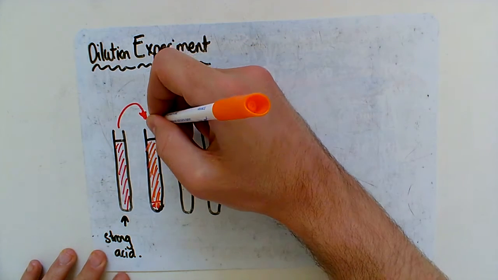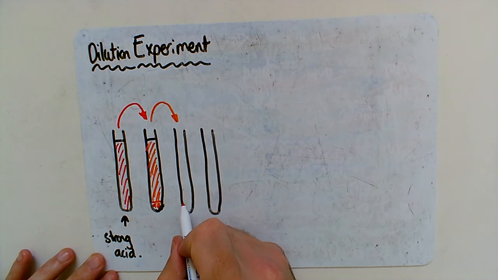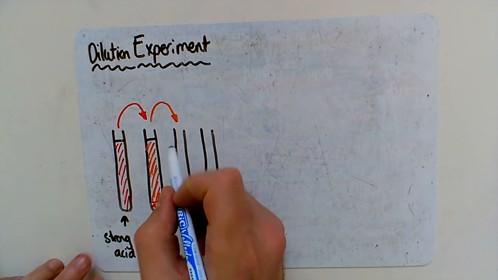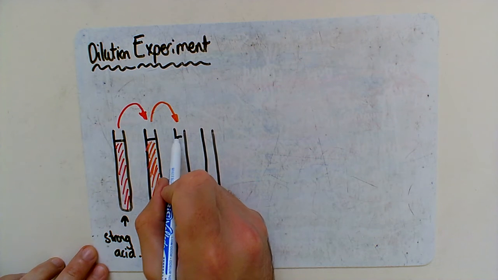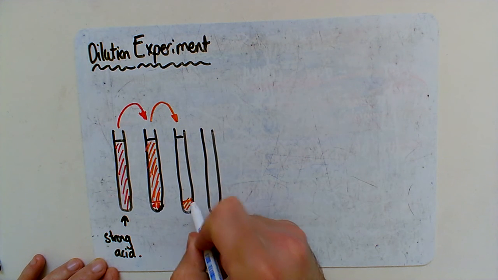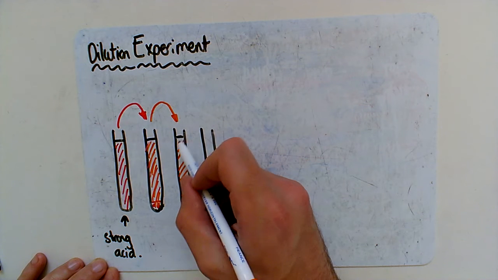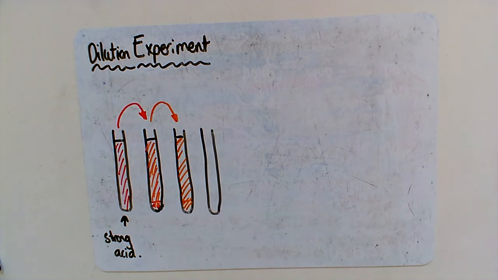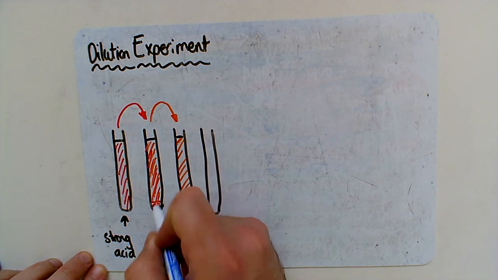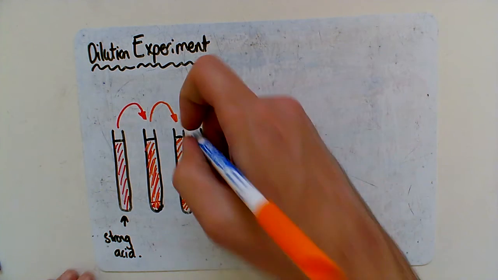And then we do the same thing again. We add 1 milliliter from here, and we top it up. And instead of it being reddy orange, it'll be fully orange. Well, that one's not looking so reddy orange, but you know what I mean? It's red orange. We can do it again.